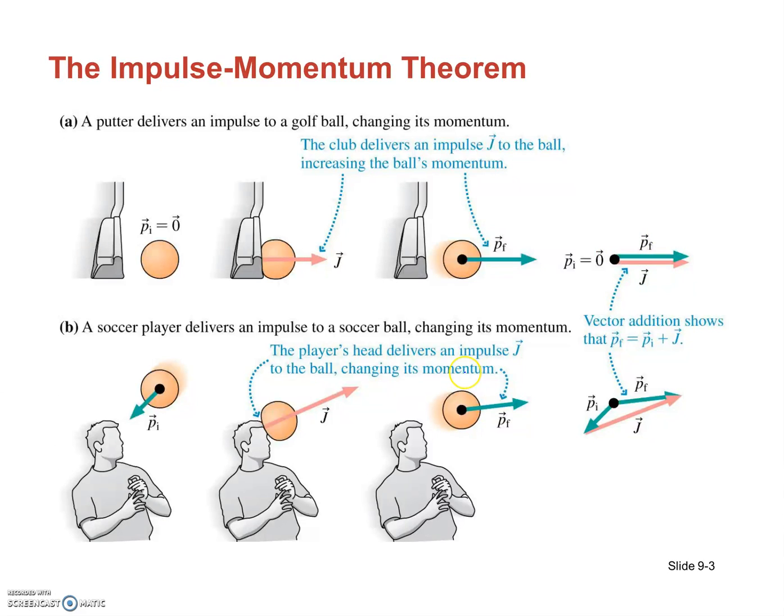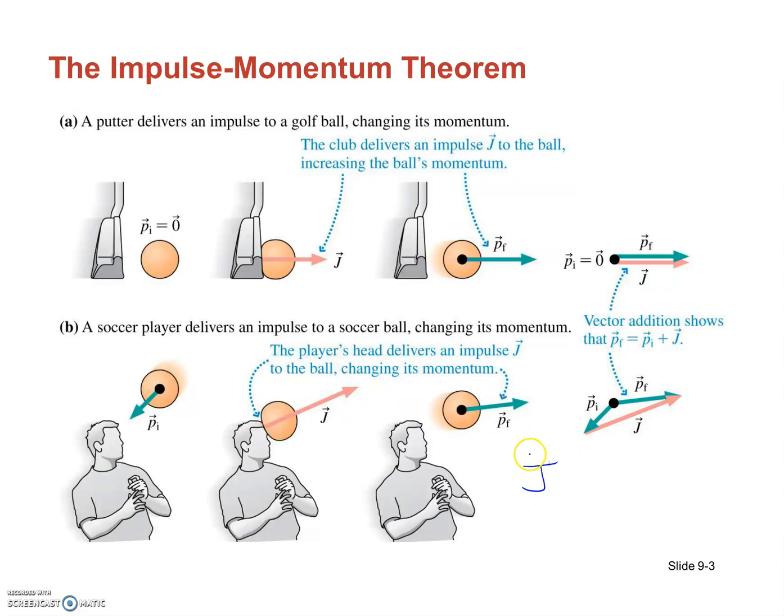We can make it a little more complicated, which maybe will be a little more clear. Say we have a soccer player heading a soccer ball. The ball has initial momentum down toward the guy's head. The guy's head delivers an impulse, a force with some duration, in the direction up and to the left. The final momentum, we can figure out its direction using vector math. So here we have P final is equal to P initial plus the impulse, right?